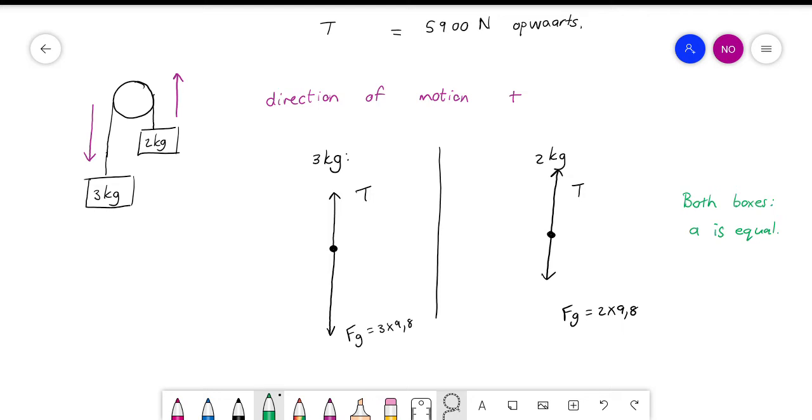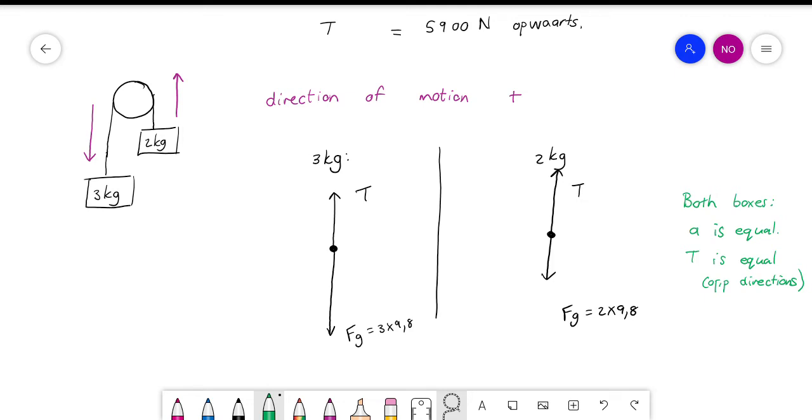The other thing that's important is T is equal. T is ewe groot op al twee, nee, want dis net een touwtjie wat aan al twee bokse vasgemaak is. So met ander woorde, spanning in 'n tou is oral presies dieselfde.